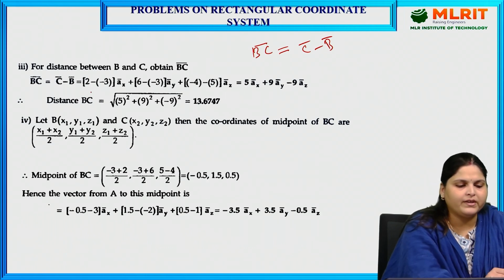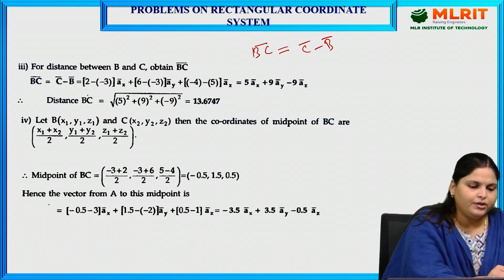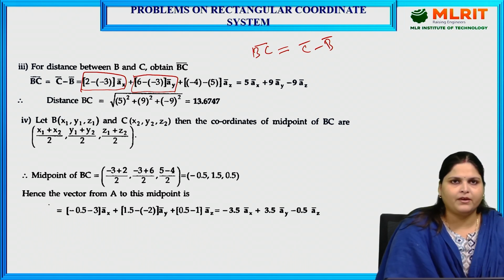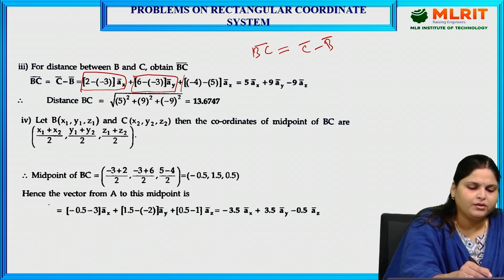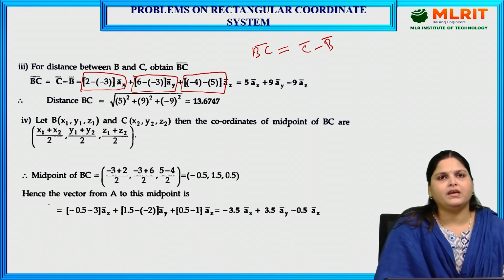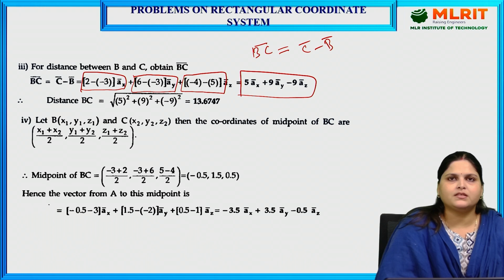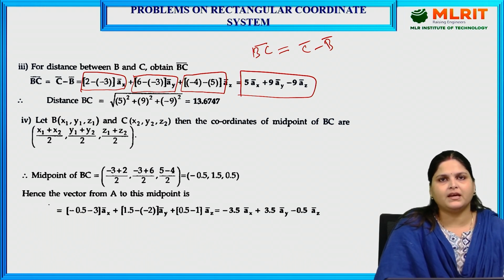Okay, so how do we write this? We will write it as 2 minus minus 3 AX plus 6 minus minus 3 AY plus 4 minus 4 minus 5 AZ. So when we solve it, we get this equation: 5AX plus 9AY minus 9AZ. Right?